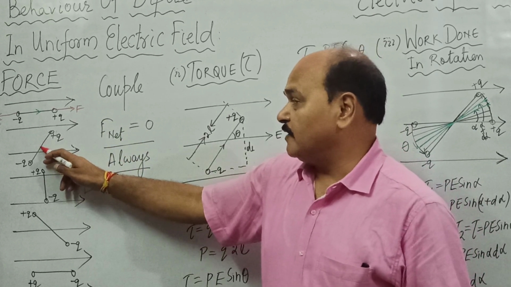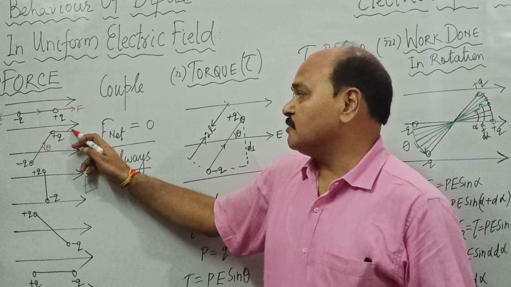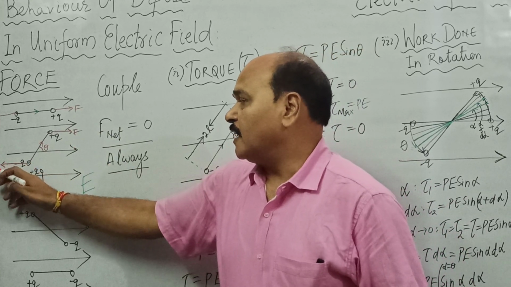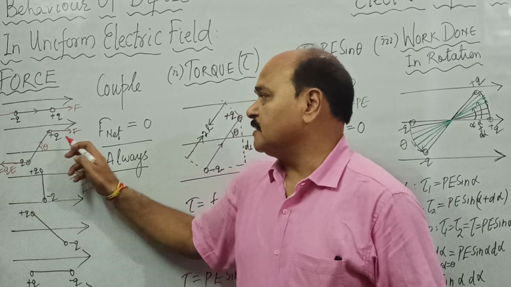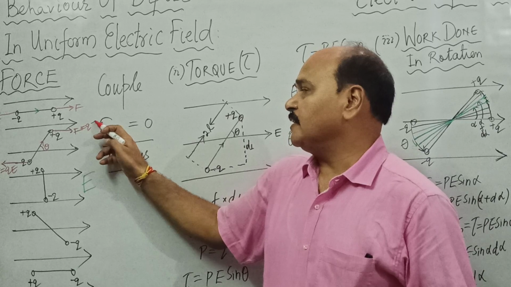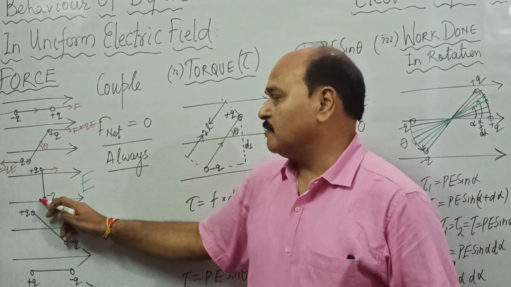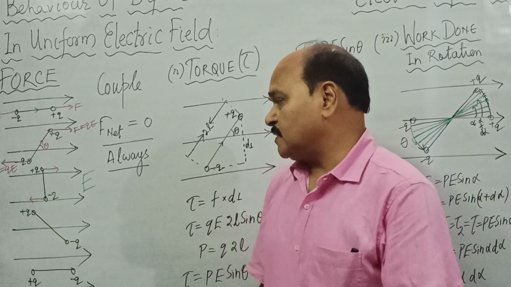In this orientation, when it makes an angle theta with the field, force over positive charge is as usual F, and force over negative charge is as usual F, and this F is the product of charge and electric field intensity. So in every orientation, force over positive charge is going to be parallel to the field, over negative charge anti-parallel to the field. Both the forces are equal.